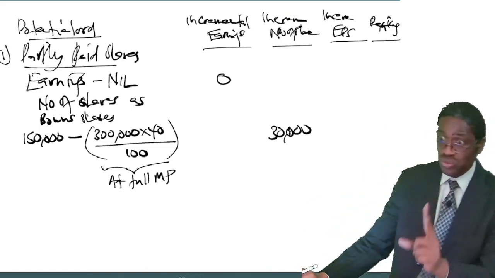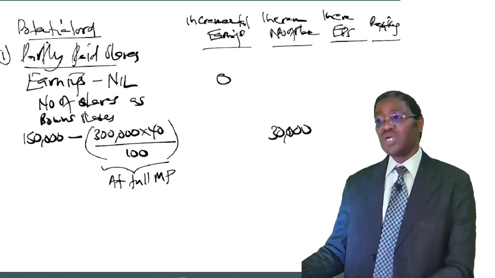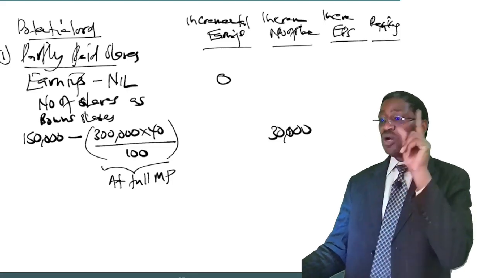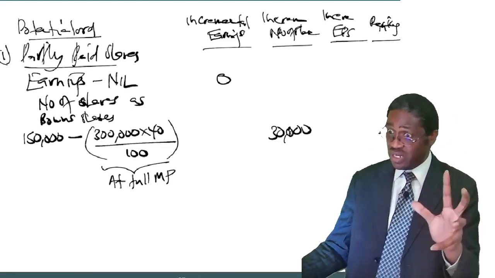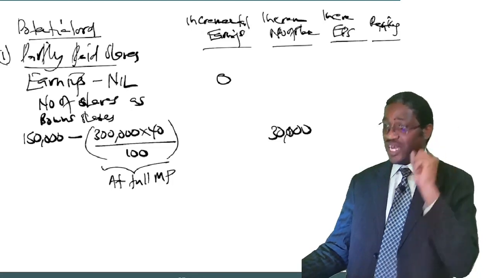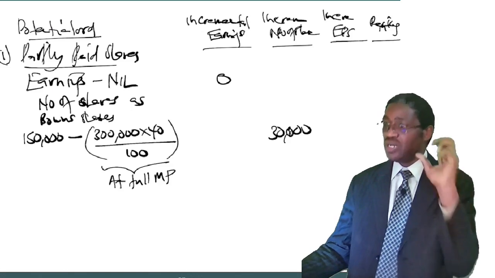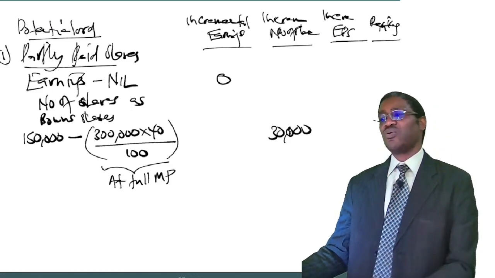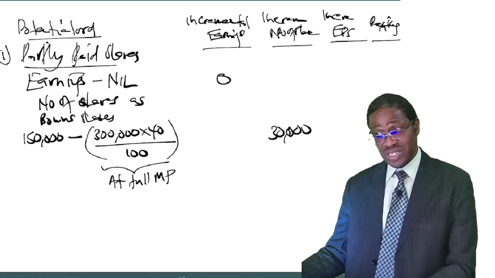So we are through with our first potential ordinary share by the name of partly paid, which we are saying when shares are partly paid, only consider them to the extent that they are fully paid, which we did, 150. Then for purpose of dilution, only those that are considered to be the bonus element.